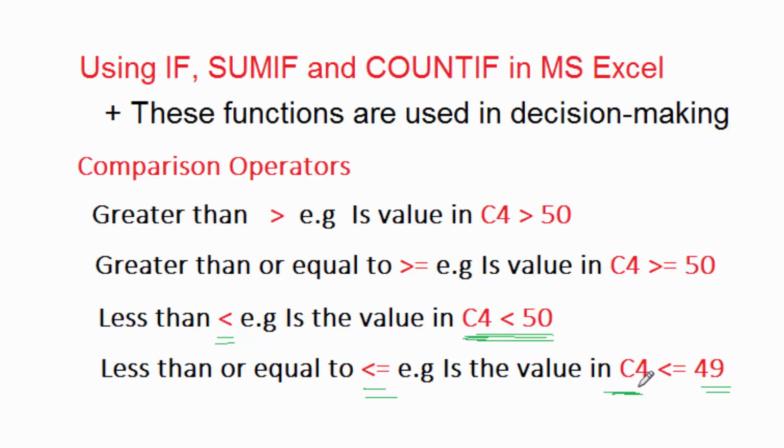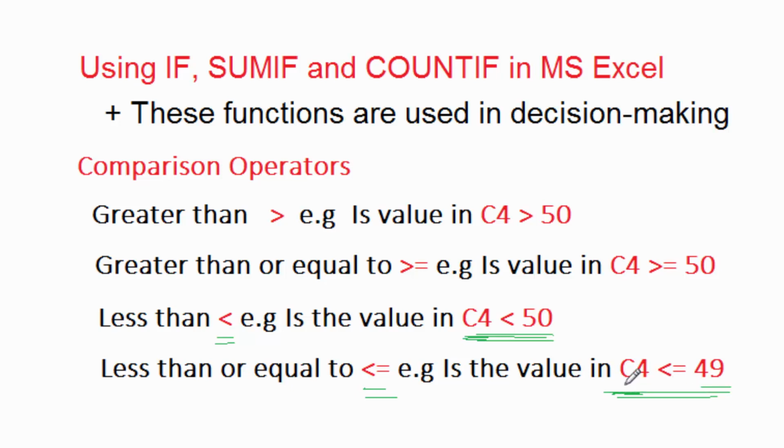So, for example, if C4 contains 20, of course 20 is less than 49, although it is not equal to 49. And in that case, the whole of this expression will be true because 20 is less than 49.